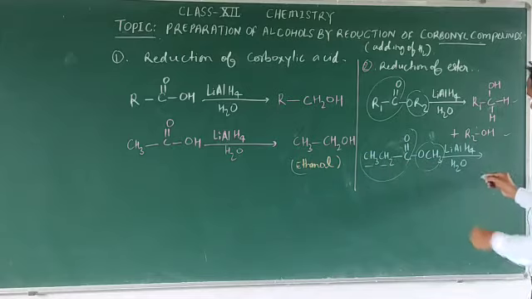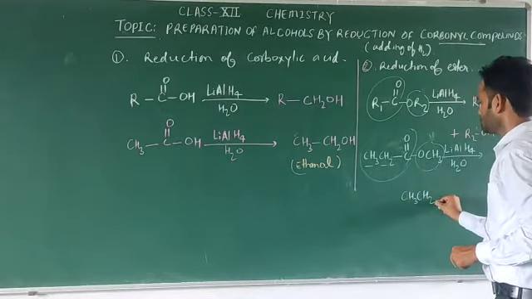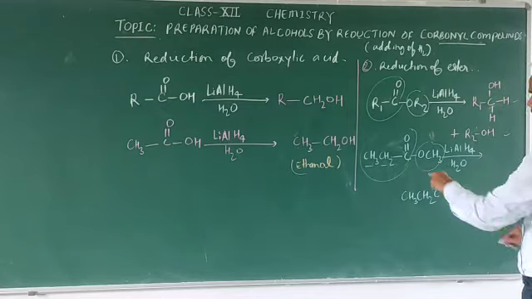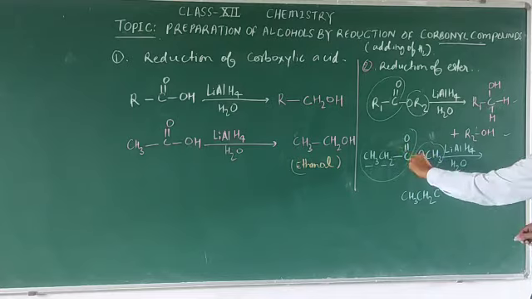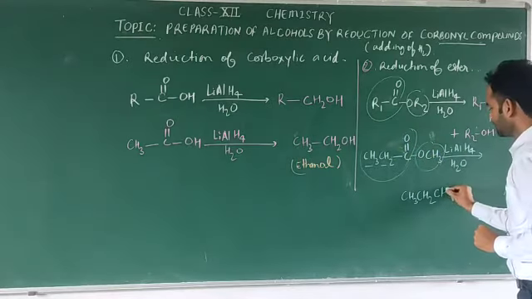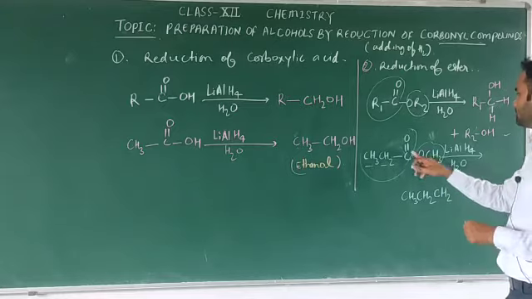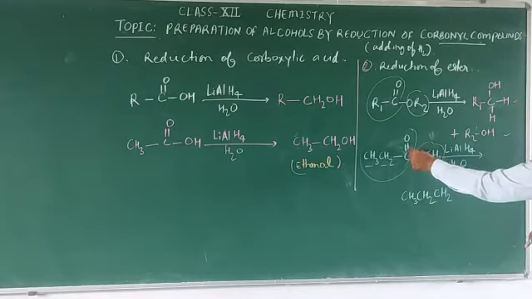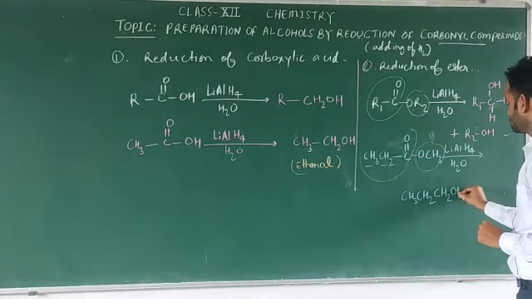So first we will talk about the CH3 CH2 and then C, and after removing this oxygen and adding 2 hydrogens here, we will get CH2, and after removing this double bond and adding 1 hydrogen here, we will get OH here.